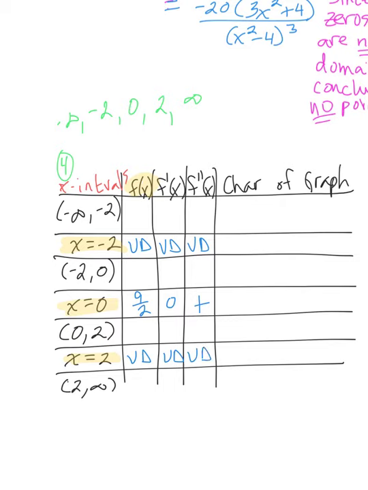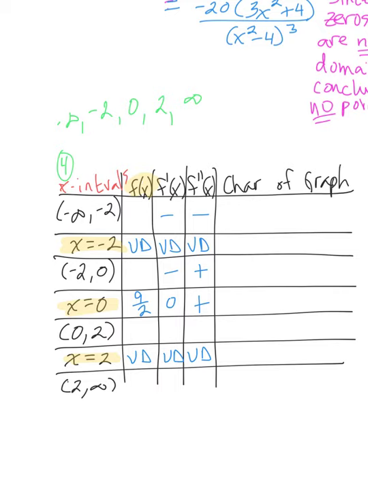All right, so now we're going to finish out the other intervals. In the first interval, from -∞ to -2, I am going to substitute in -3 into the first and second derivative. And if I do that, I get a negative on both of those. In the interval from -2 to 0, I will substitute in -1, and I get a negative value in the first derivative, and a positive in the second.